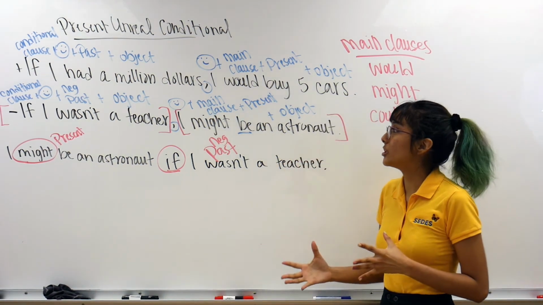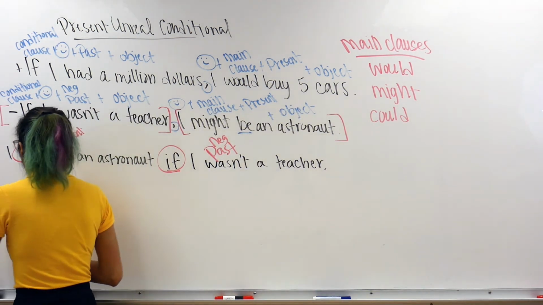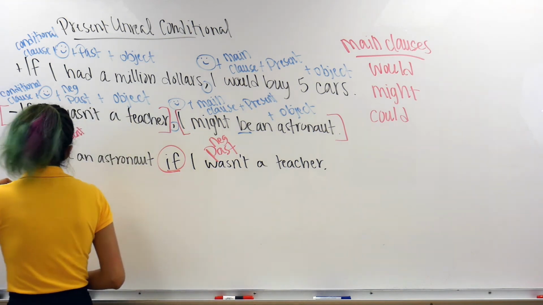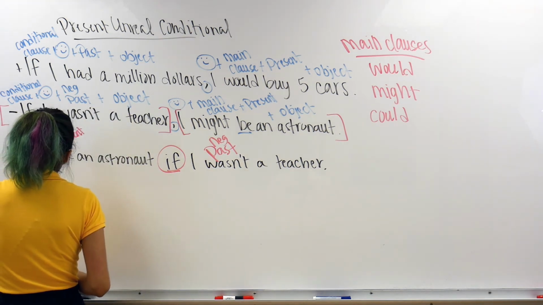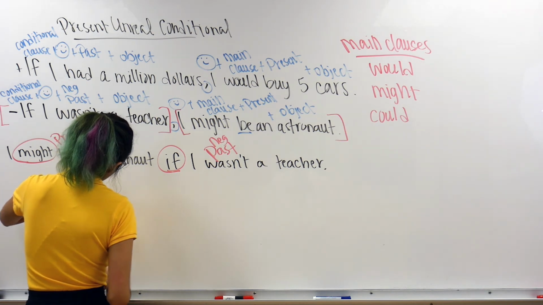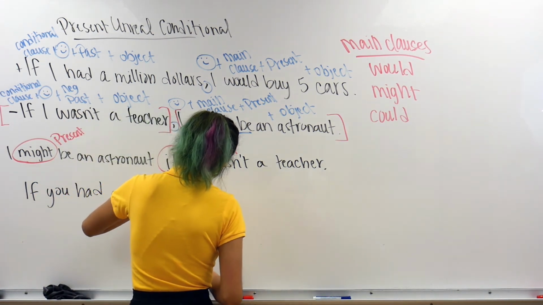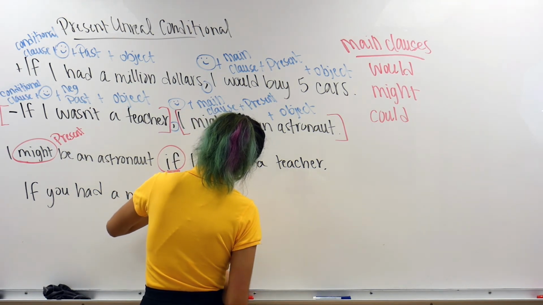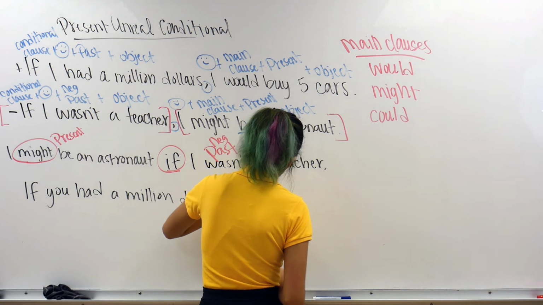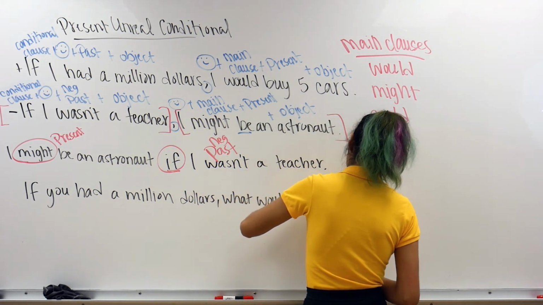Now, for questions, let's look at the first one. For question, I asked you, if you had $1 million, what would you do? That's exactly how you're going to write it. If you had $1 million, what would you do?